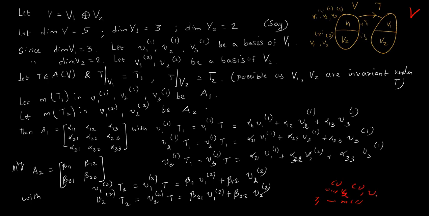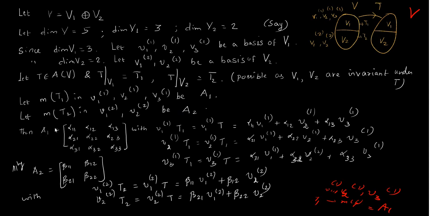So I can talk about the matrix of T1, which we are going to denote as A1. So let the matrix of T1 in this basis be A1 and the matrix of T2 in this basis be A2.